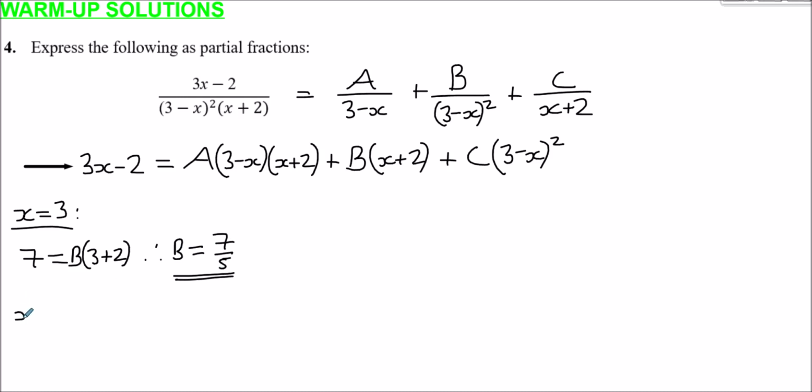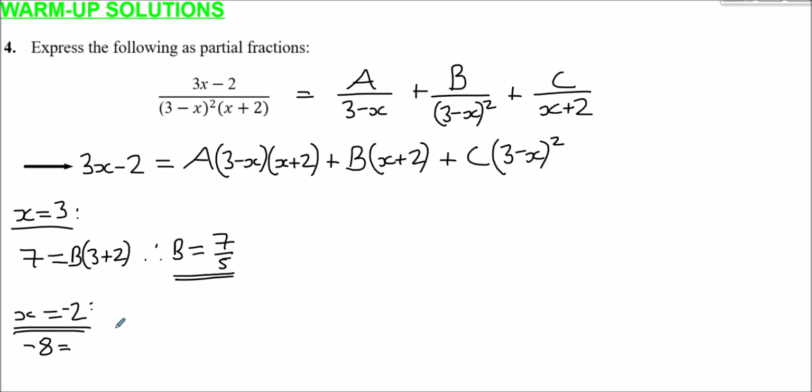We can now pick a different value. We could pick x equals minus 2, for example. If we picked x equals minus 2, the a and b parts would vanish, so we can work out what c is. When x is equal to minus 2, 3 times minus 2 is minus 6, minus another 2 gives us minus 8.